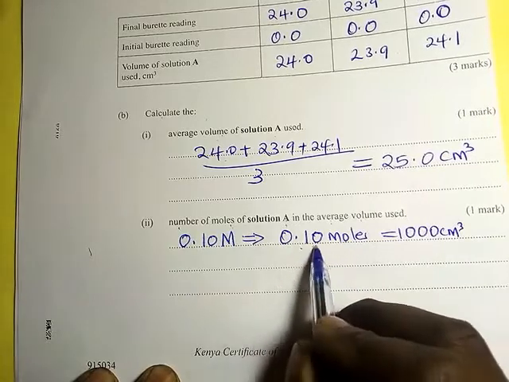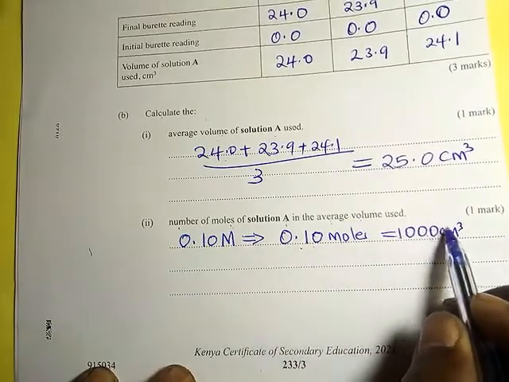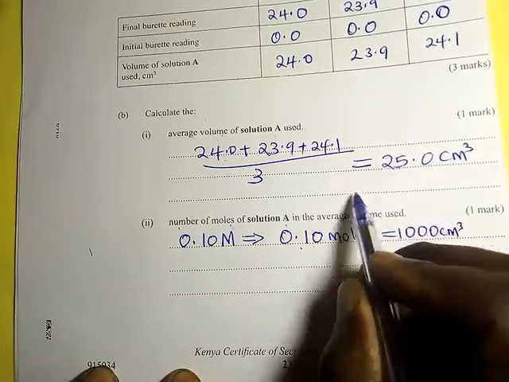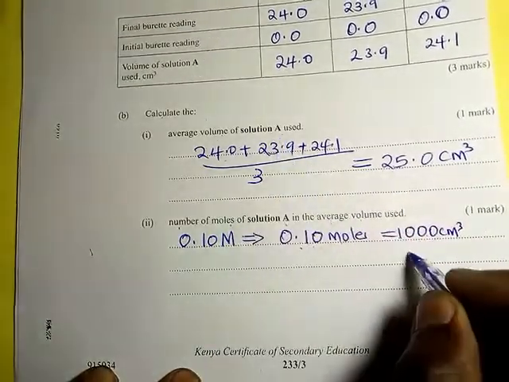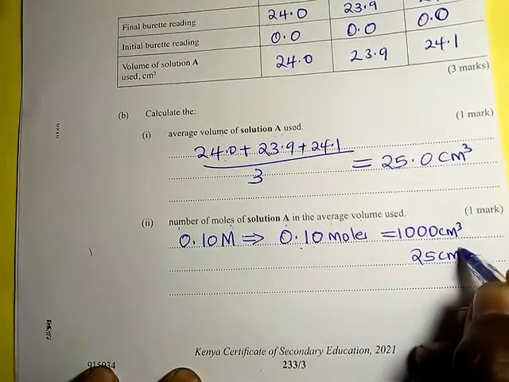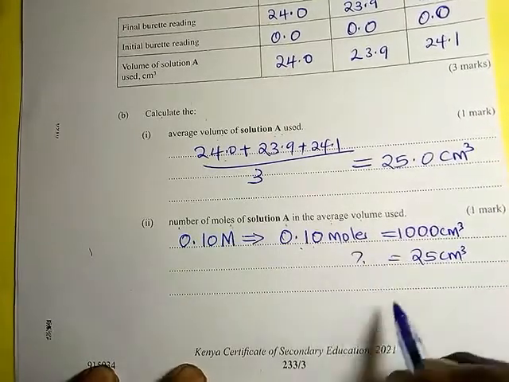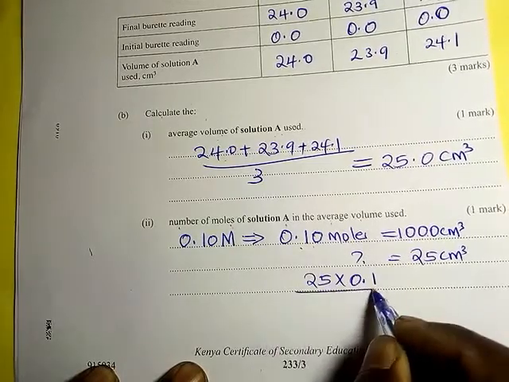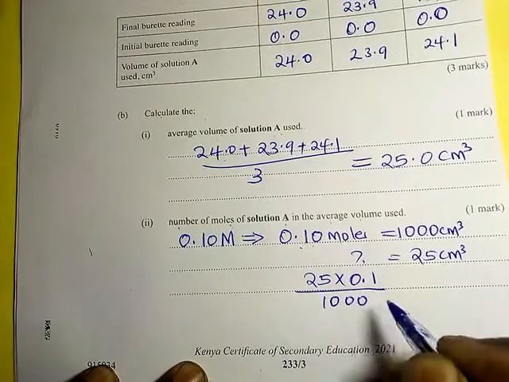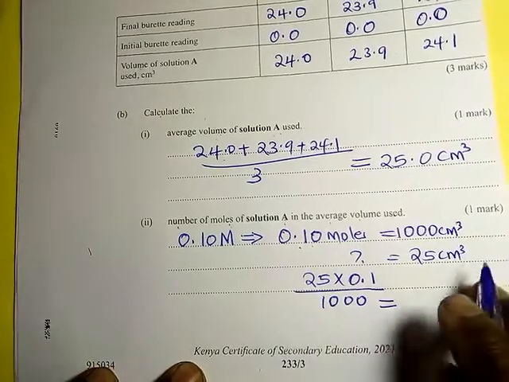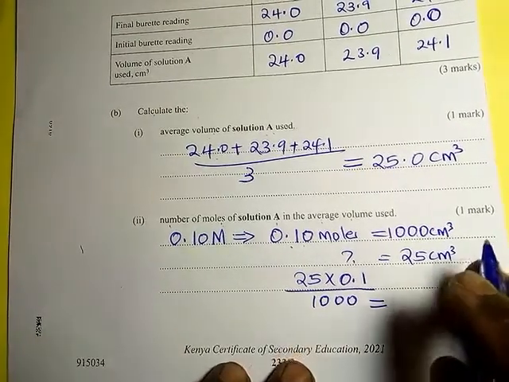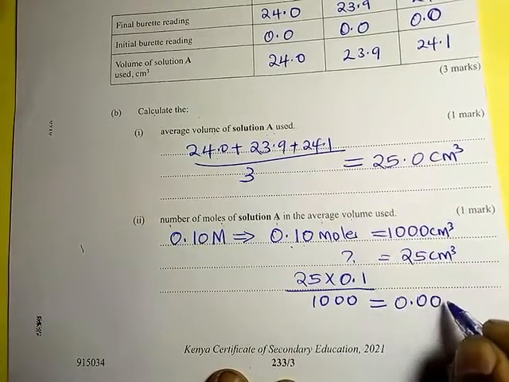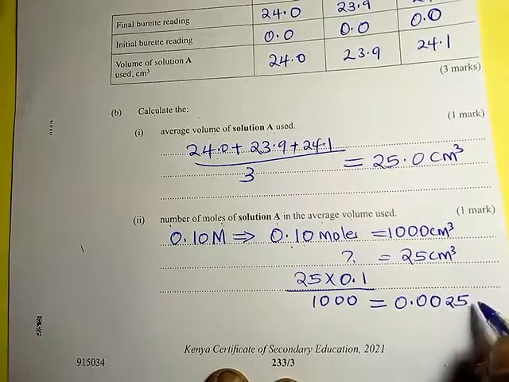So if this is the number of moles in 1,000 centimeters cube, what will be the number of moles in 25 centimeters cube of solution A? It is 25 times 0.1 divided by 1,000, which gives the number of moles in 25 centimeters cube of solution A, equal to 0.0025 moles.